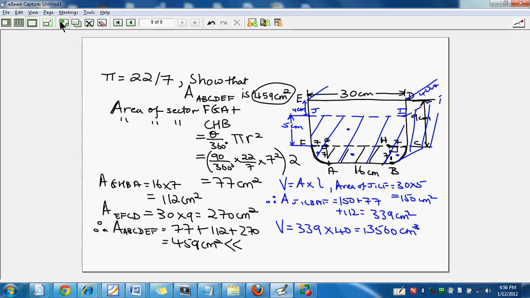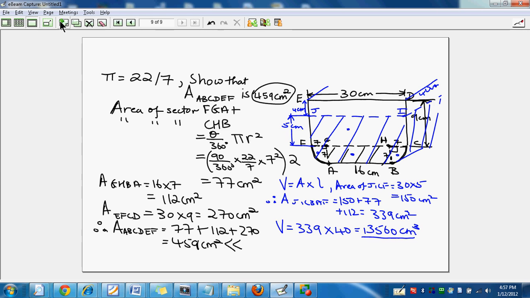But what did they ask us? Let's go back and see what they asked us. They say if the container is 40 cm long and has uniform cross-section, calculate to the nearest liter the volume of water in the container. This is not in liters here, is it? So therefore, that's not the answer. We have to go to the conversions that I gave you before. You ask yourself, how many centimeter cube in 1 liter?